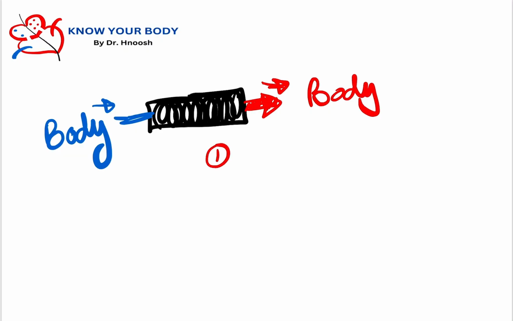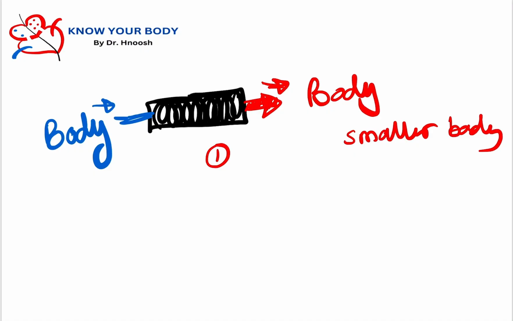One modality to make that pressure low is if you have a smaller body. Okay, a smaller body means less demand, so this artery doesn't need to be thick and wide. It can be smaller to carry enough blood to your body if your body is smaller.